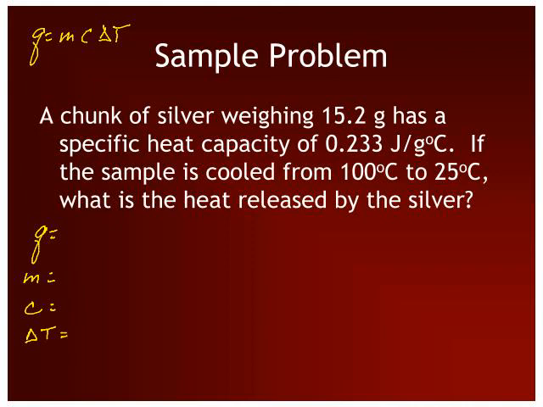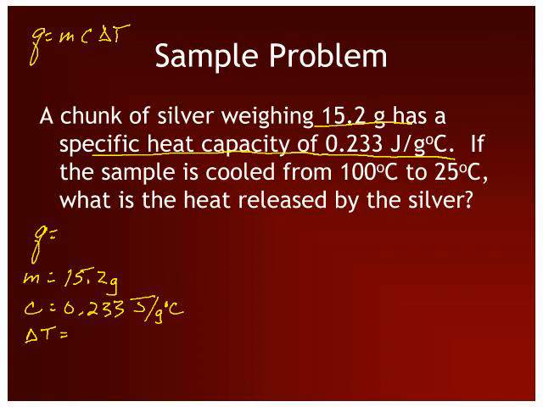What I find is easiest in these problems is just to make a list and find what you can. Okay, find what you can in the problem. So a chunk of silver weighs 15.2 grams. Well, that's our mass. 15.2 grams is our mass. It has a specific heat capacity given right there. Well, the symbol for specific heat is C. So we can fill in those units right there.